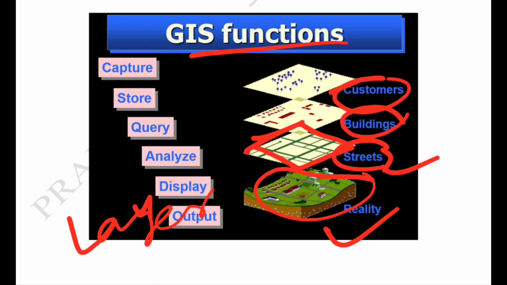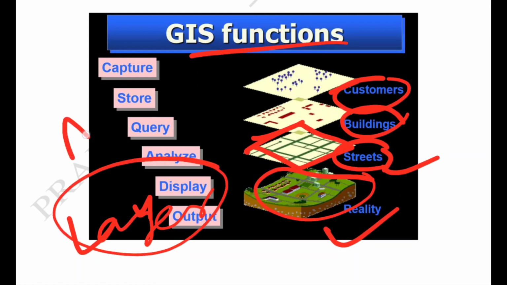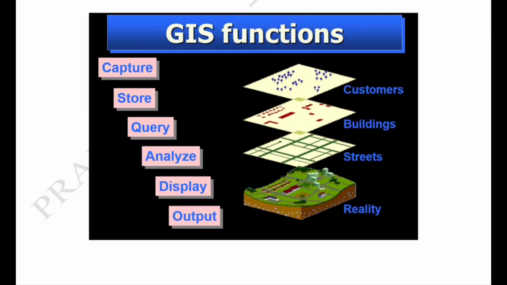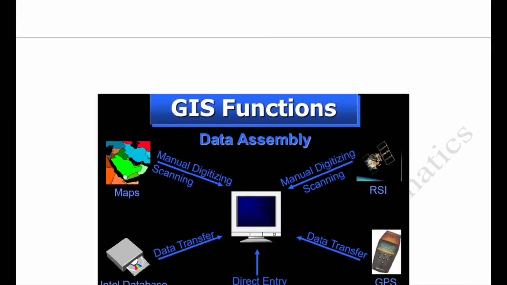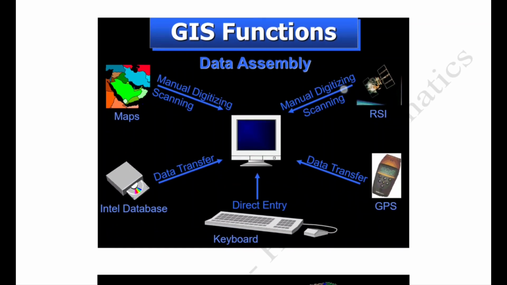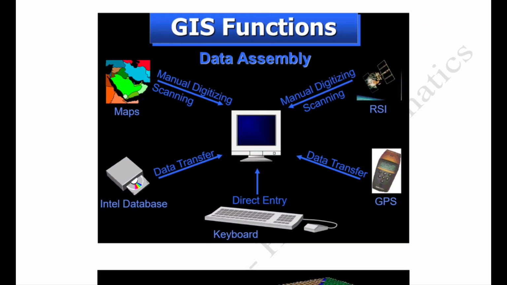So these layers are compiled and analyzed for the output. So this is the important word, layer wise it stores the data. So for query or analysis it has been easy to use this GIS software.